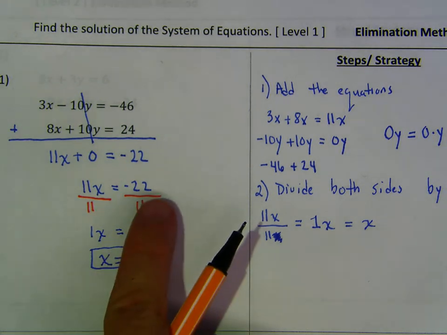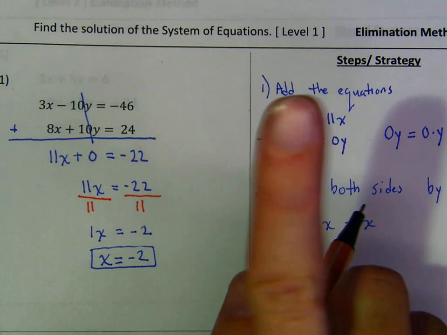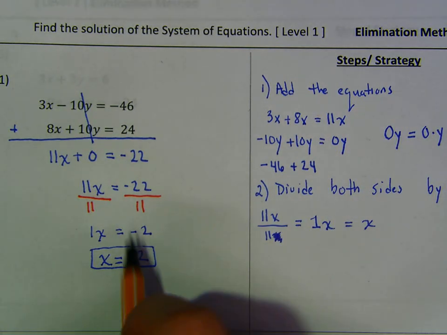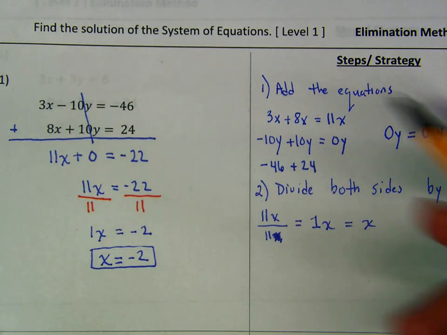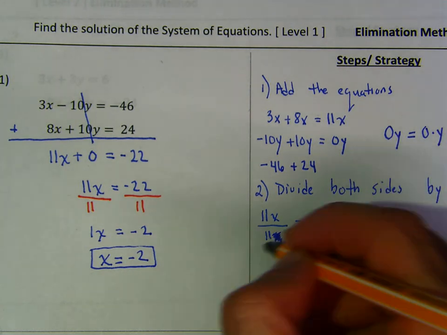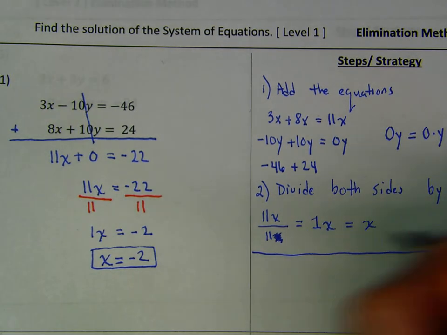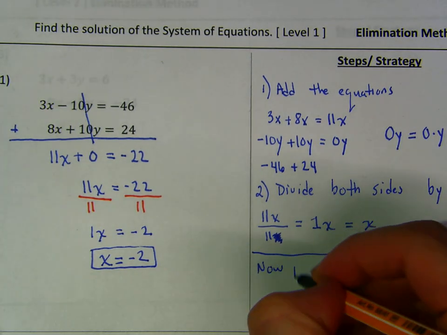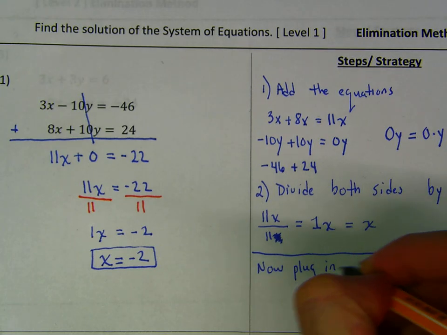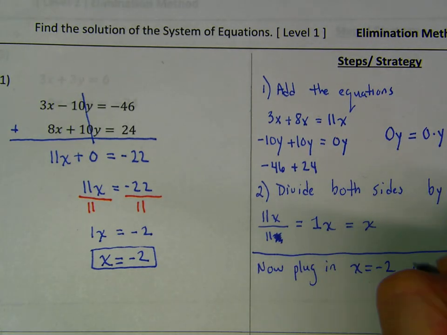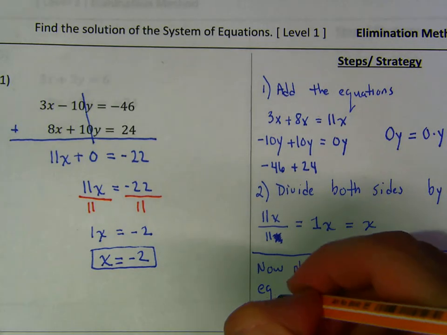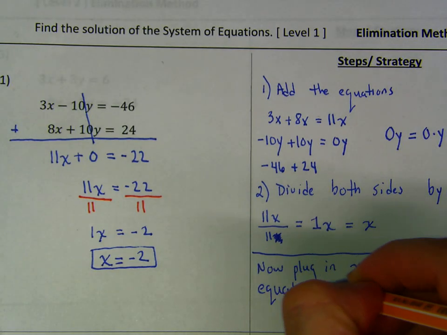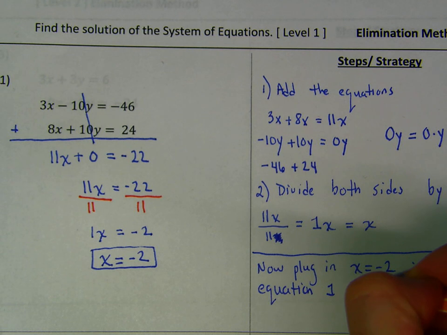Does that mean we're done and we should celebrate? No, because now what do you need to find? You need to find y. So you see, once you get one of the variables, now plug in x equals negative 2 into either equation 1 or equation 2, right?